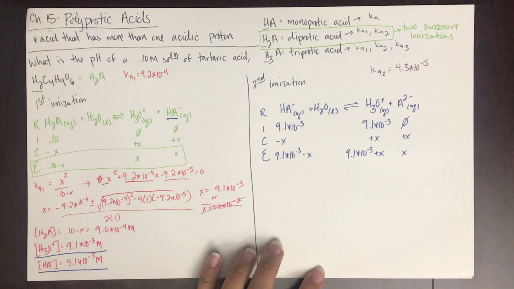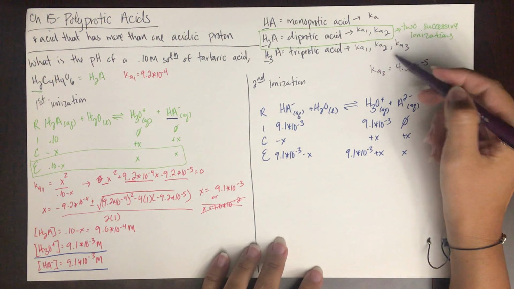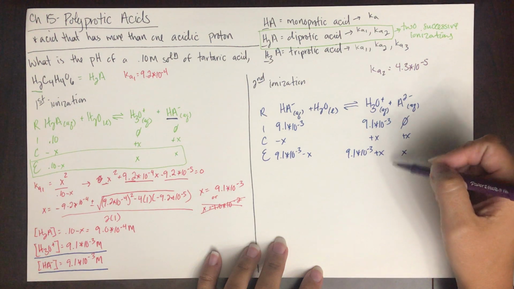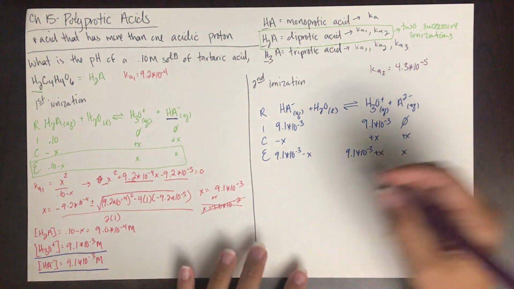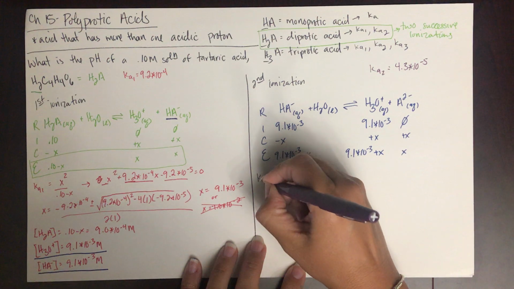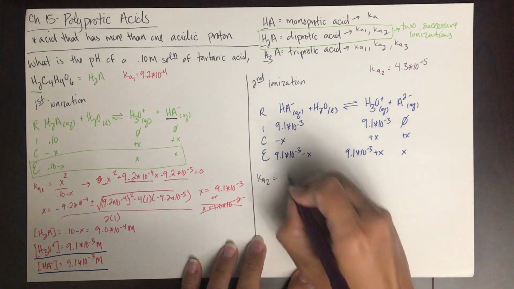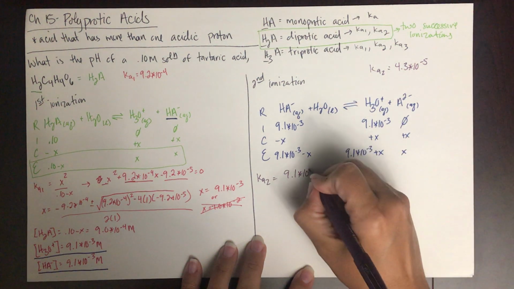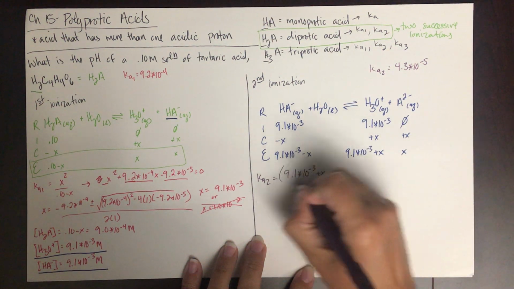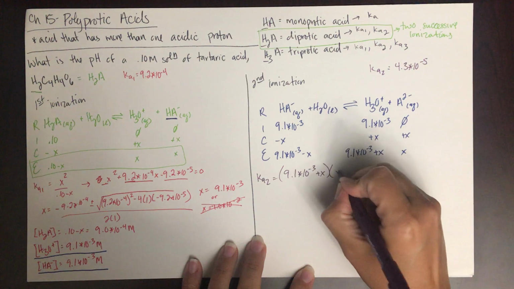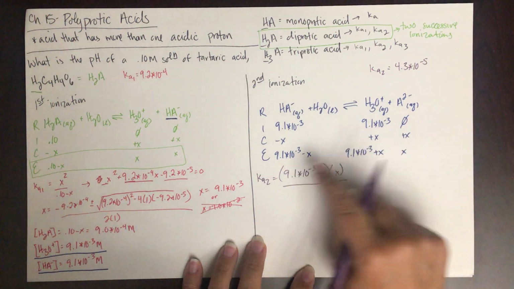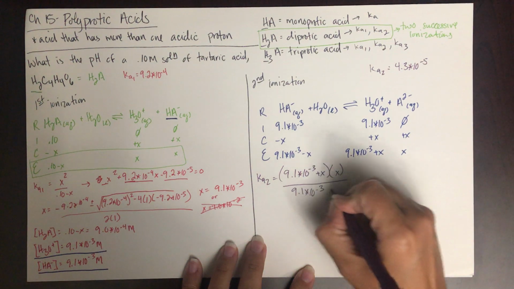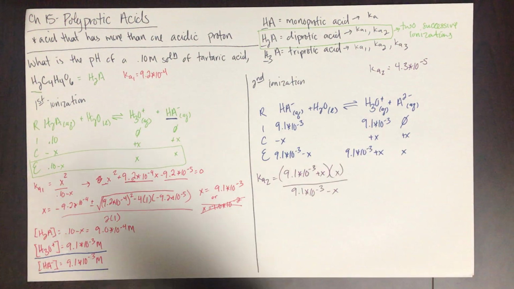So now I'm going to use the Ka2 to solve here. So it's going to be Ka2 equals 9.1 times 10 to the negative third plus x, times x, over 9.1 times 10 to the negative third minus x.